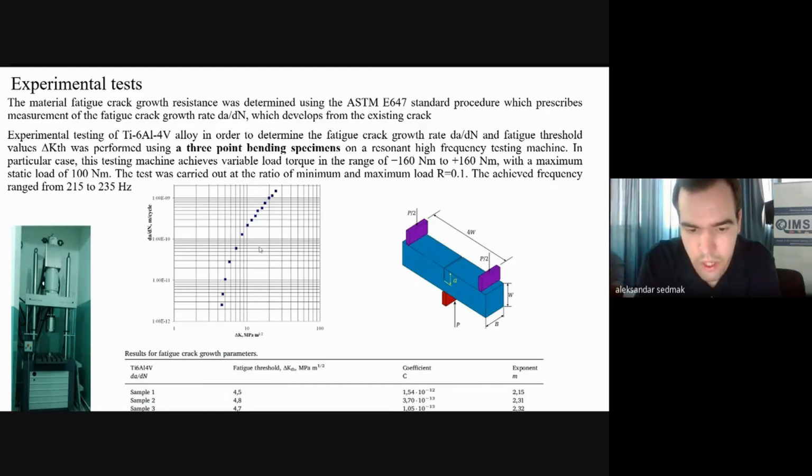And this is how we get material constants C and M. So we see that the exponent M is always between 2 and 4, so the attained values are valid.